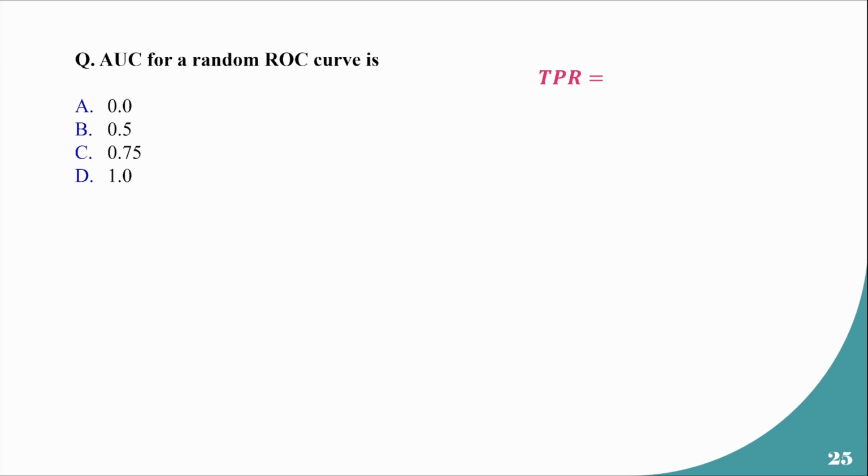If we express this in terms of the formula, it will be true positive divided by true positive plus false negative. Now, what this false negative means is that the model is marking it as a negative, however that evaluation is false, so it is actually a positive value.